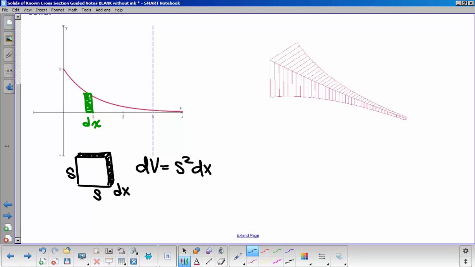But I need to know what S is functionally. This function is e to the negative x, so this right here is S. So S is equal to e to the negative x.